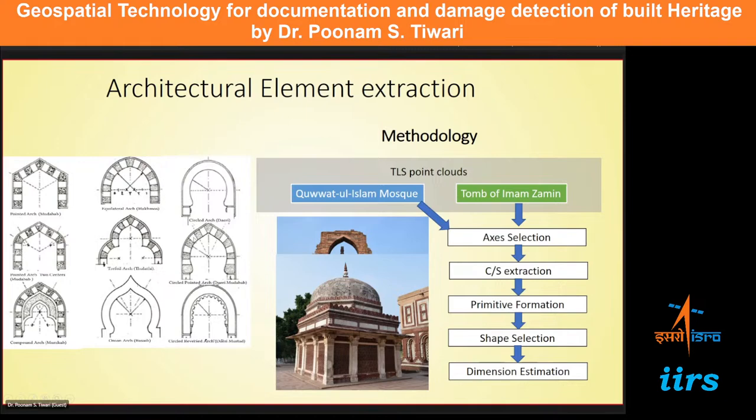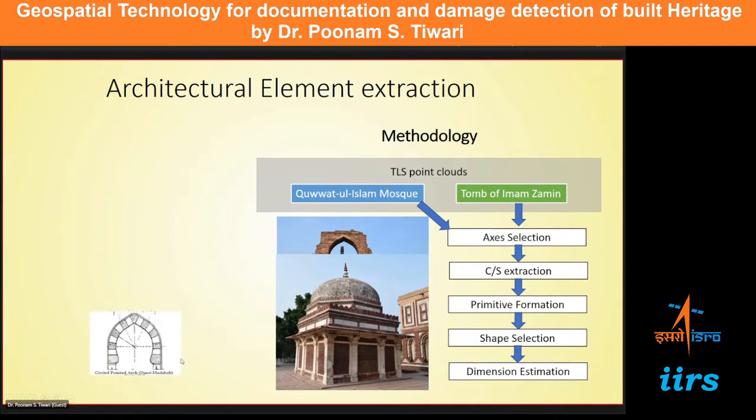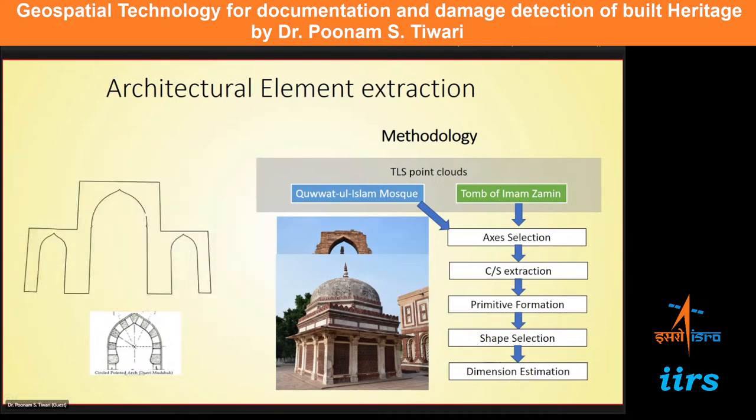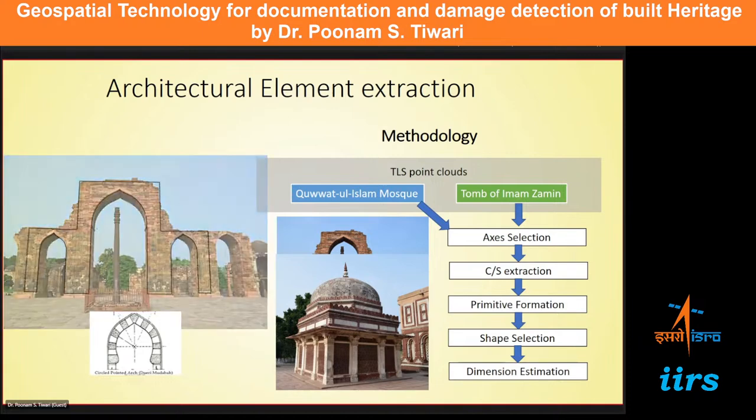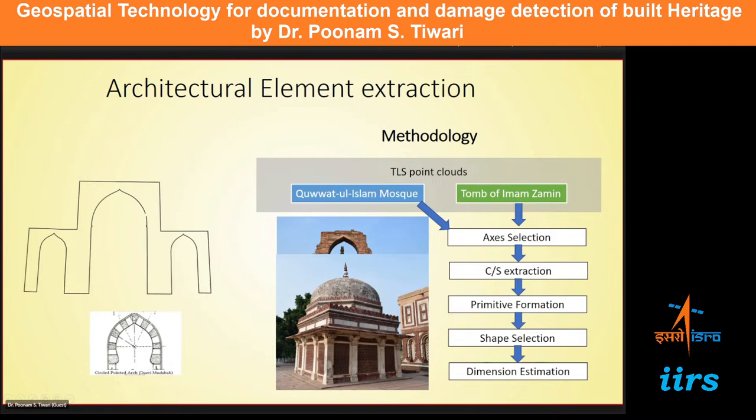So out of these arches, which arch does our arch resemble? We found out that our arch resembles the circle pointed arch. You can see this is our arch, and this is the circle pointed arch which is mentioned in the literature.